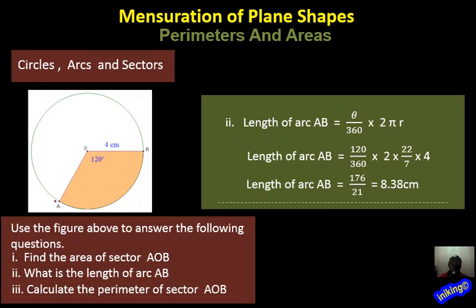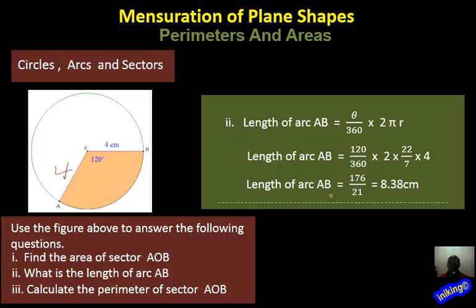The total boundary length will be from O down to A, down this curve, AB, and then back there. So you'll agree with me that the total boundary length we are looking for will be this 4 plus this 4 plus the length of the arc AB.